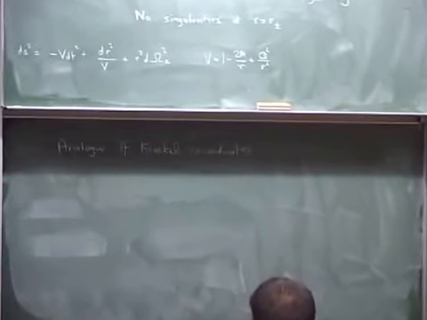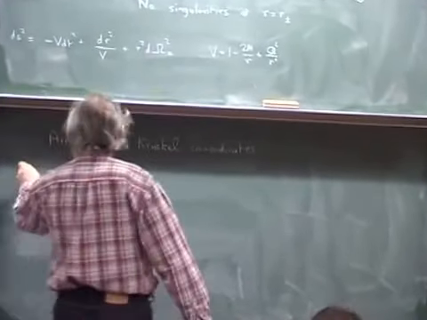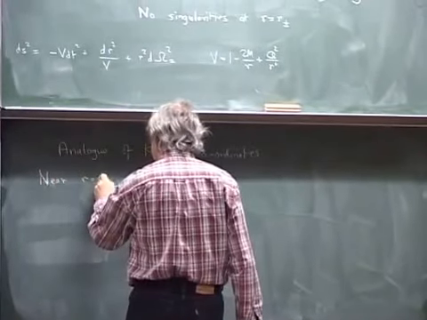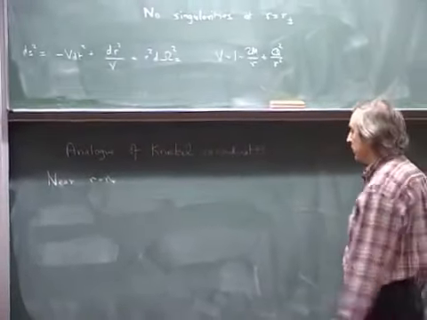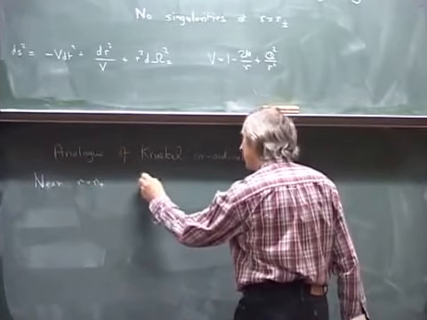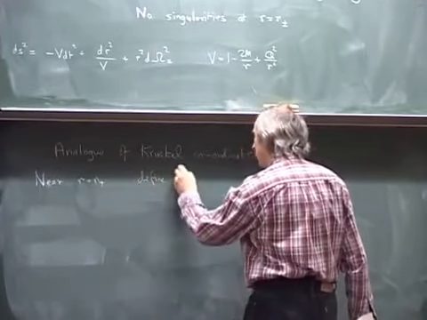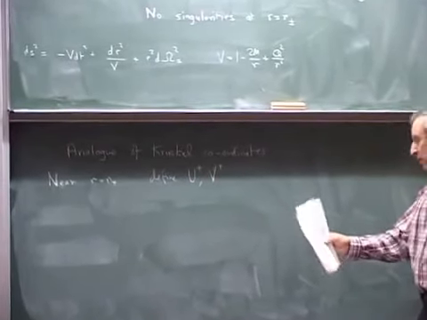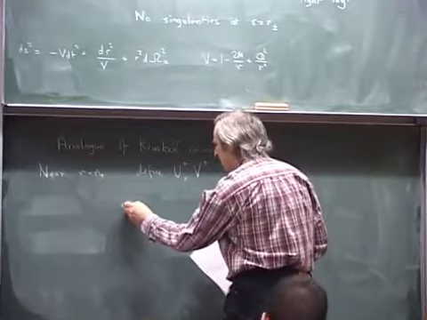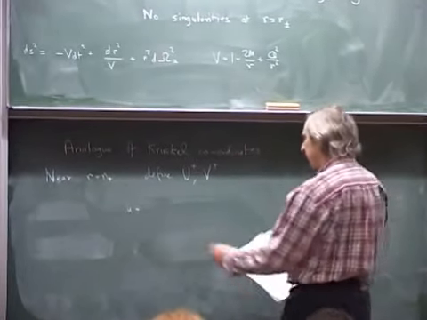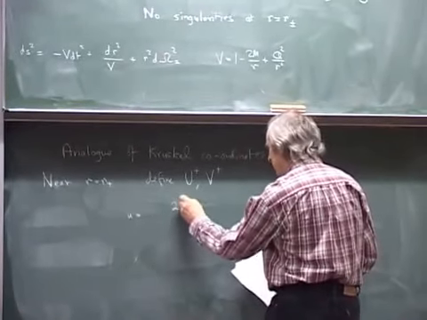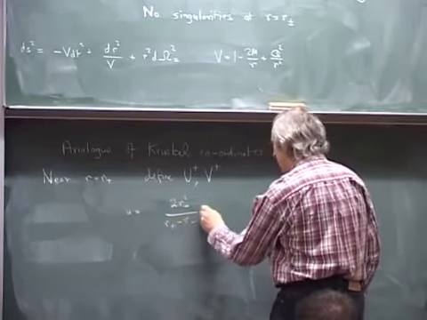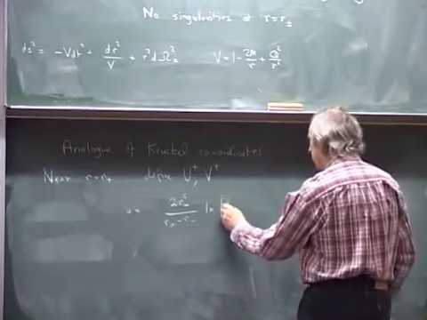The answer is yes. Near r equals r plus, you can define Kruskal coordinates u plus and v plus by the following. Little u is equal to 2 r plus squared over r plus minus r minus times the logarithm of the modulus of u plus.